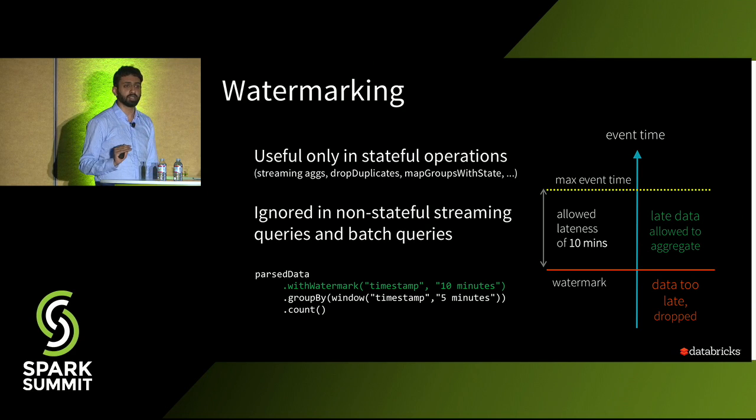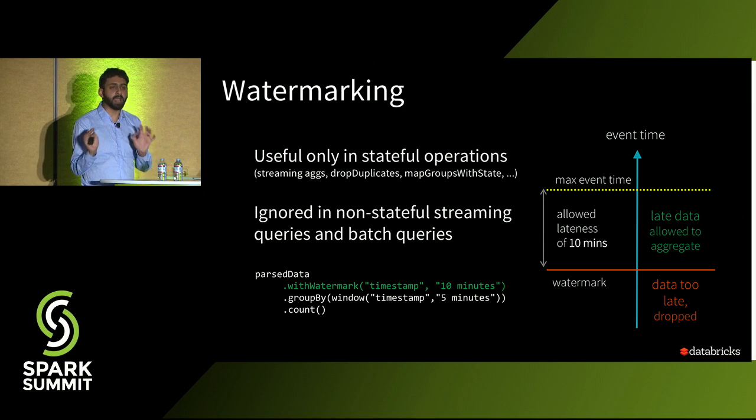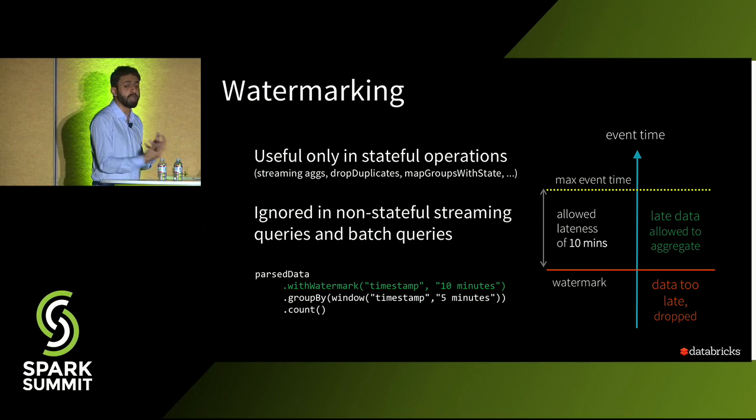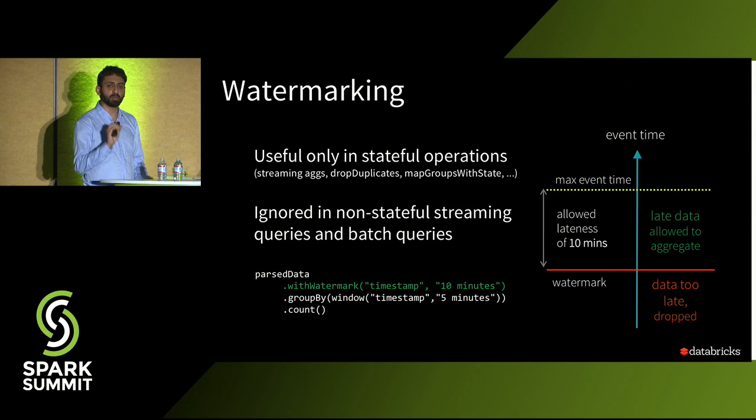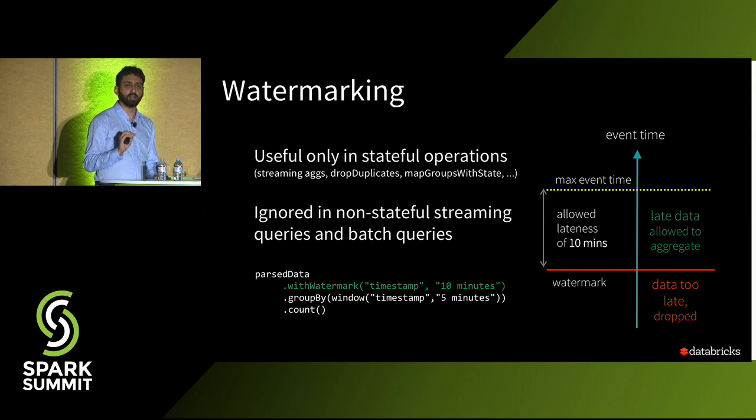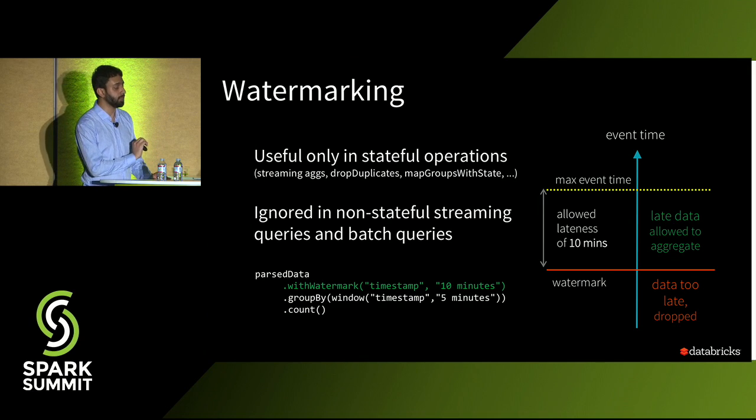Other operations that are not stateful, like map or filter, will completely ignore this additional configuration. And if you run the same query on batch data as well, all batch and interactive queries will completely ignore this. So this is a special optimization that is added to handle streaming applications only.